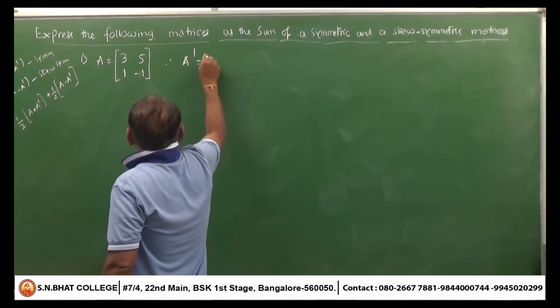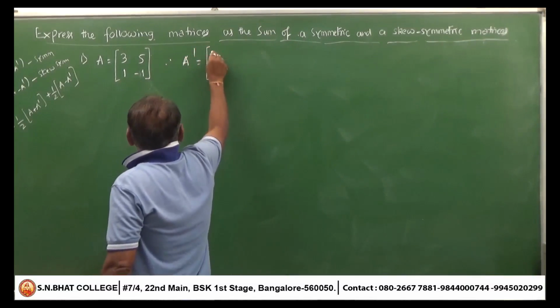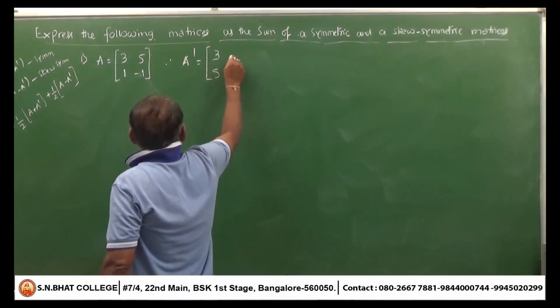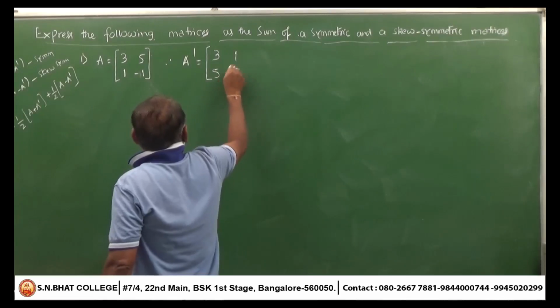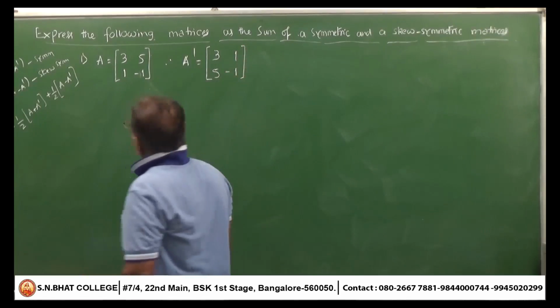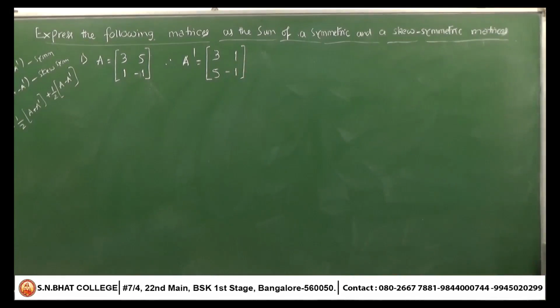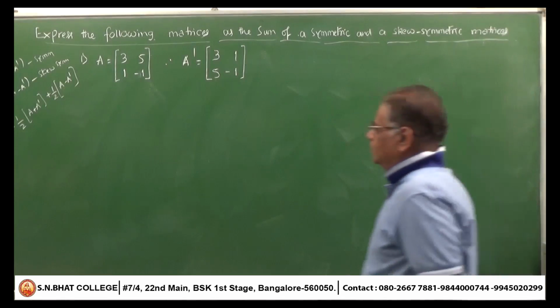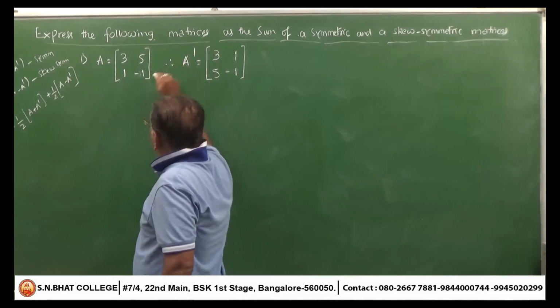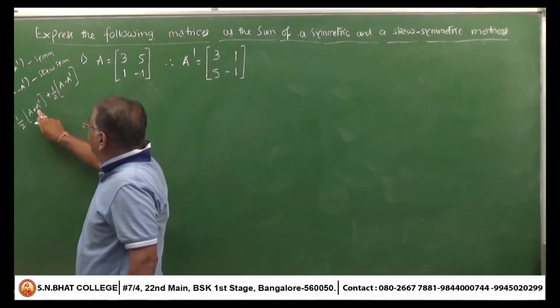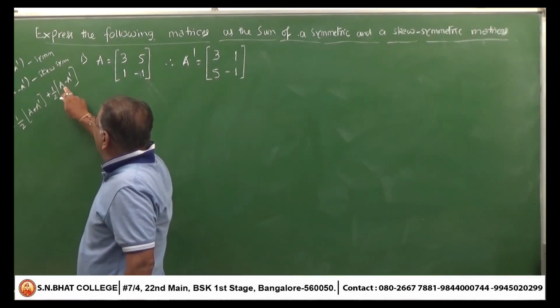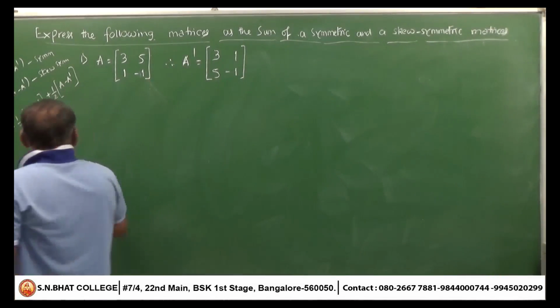A transpose is interchanging of rows and columns: 3, 5, 1, minus 1. First I am going to calculate A plus A transpose, then A minus A transpose.